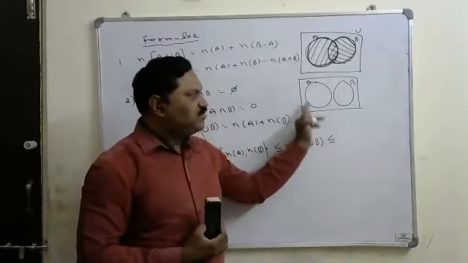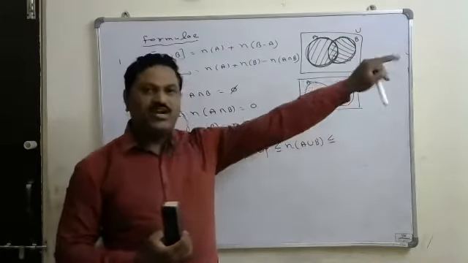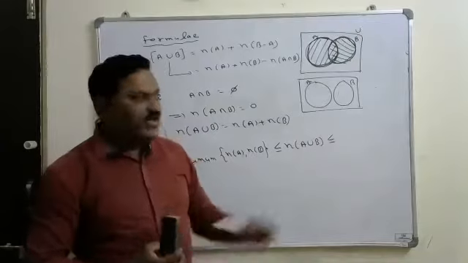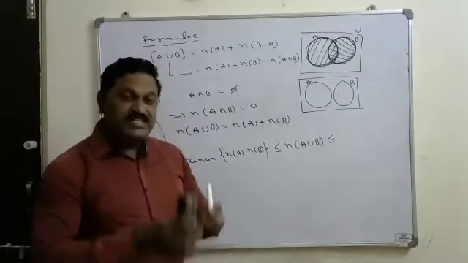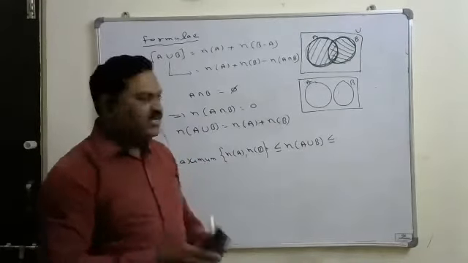Even if I add them, this entire summation should not exceed the universal set. That's why out of these two, whichever is the minimum, that we have to consider.